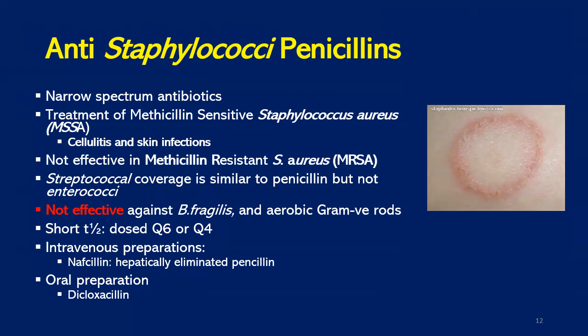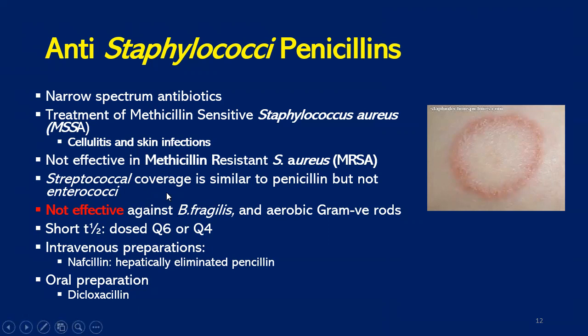Methicillin is also a member of this group. So methicillin, nafcillin, oxacillin, all belong to one single group, which is the anti-staph group. And knowing that MRSA is not susceptible to methicillin means it will not be susceptible to the penicillins in this group.